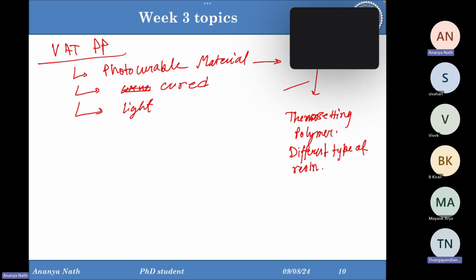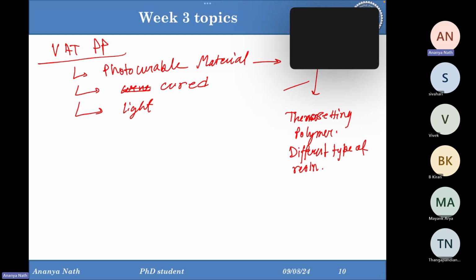So photocurable resins, and then different types of resins means that you will find resins which get solidified under a particular light.